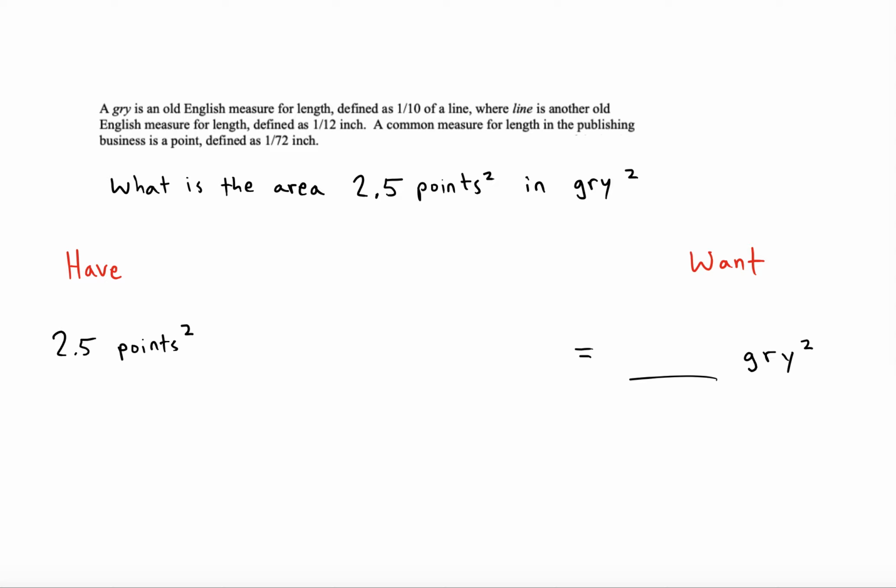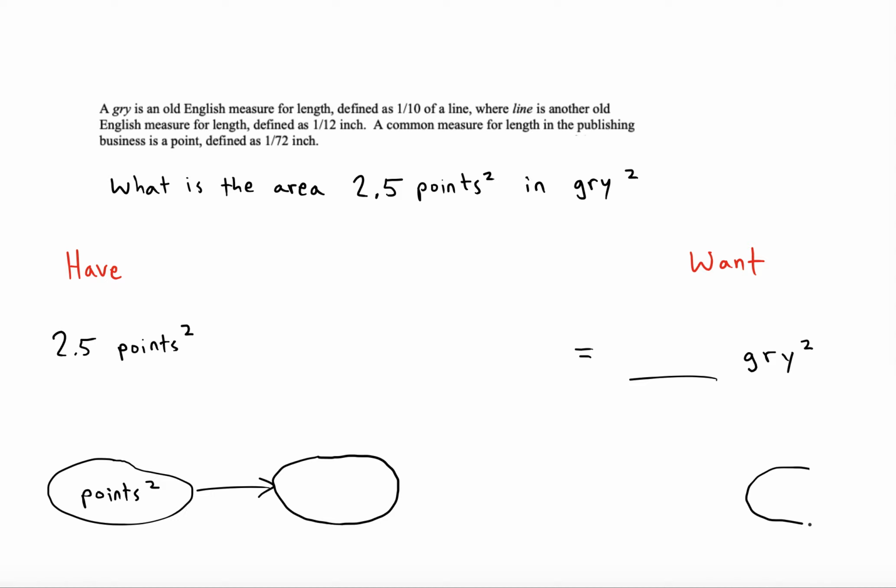You may want to come up with a flow chart for showing how you'll get from one unit to the next. All right, so if we start off here with points squared, then we want to go to an intermediary unit that helps us get toward what we want, which is GRY squared.